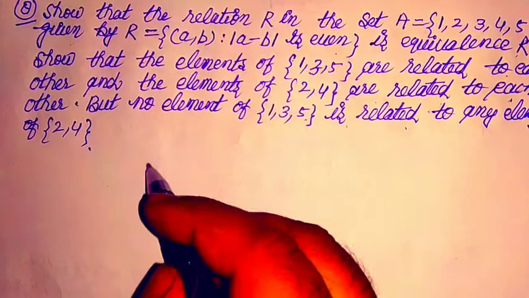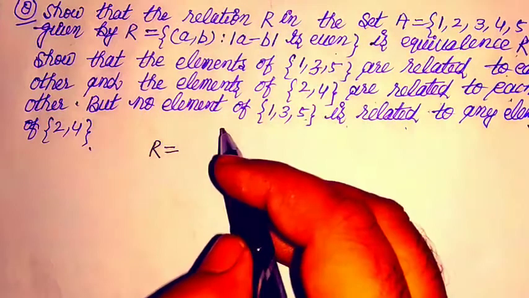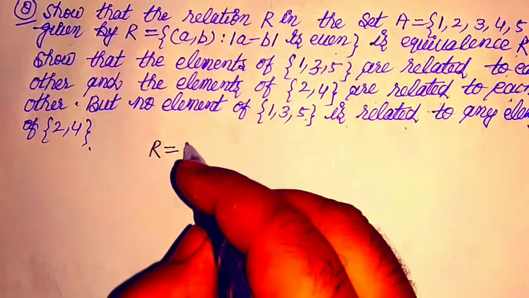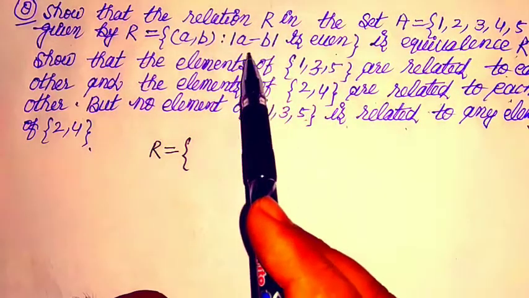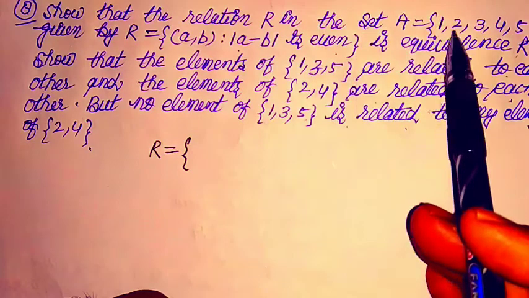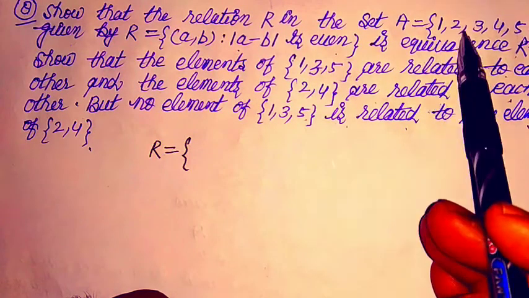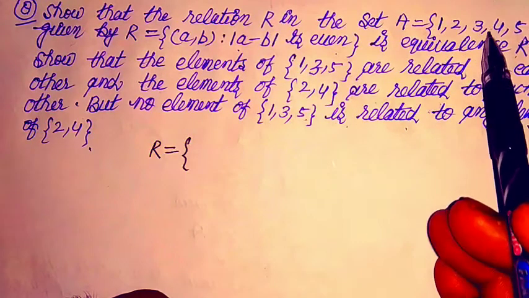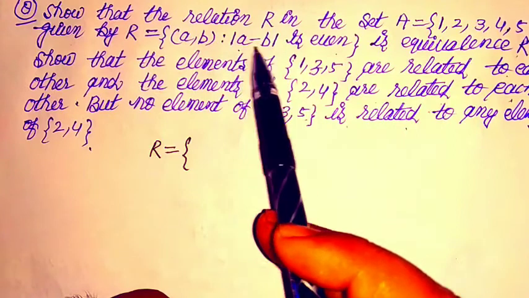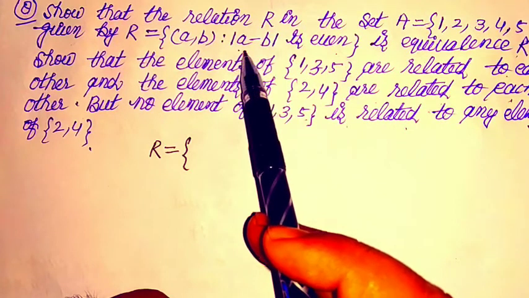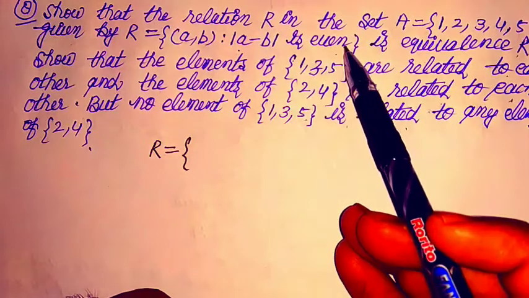First we make the relation in roster form. It is given in set builder form here. So what will we write here? We take a and b elements from set A in such a way that the difference of a and b, after taking the modulus, gives an even number.